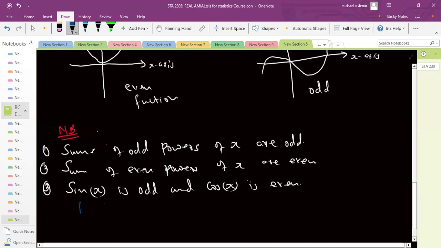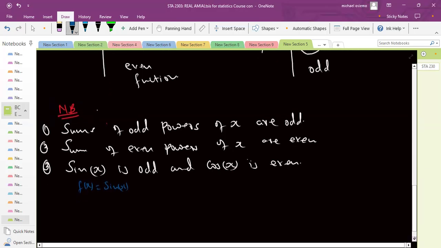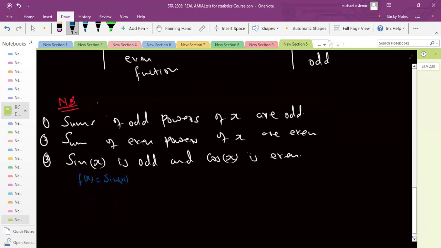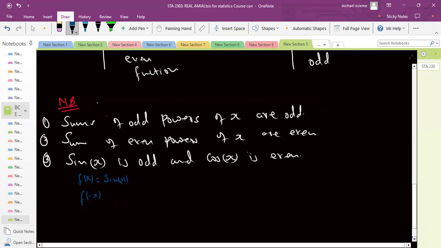So if our f of x is equal to sin x, then to prove that a function is odd, we need to show that f at negative x is equal to negative f of x. Now, let us see.